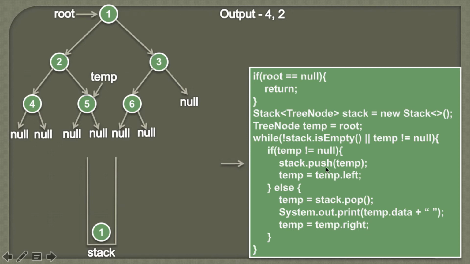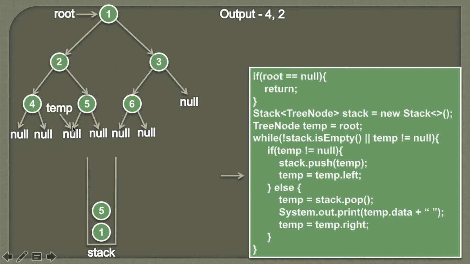So we simply push the node 5 on the stack because we cannot visit this node till we visit its left subtree completely. Therefore we need a way to store this element on the stack. So we are simply pushing the temporary node on the stack. Now node 5 is on the stack. And then we simply go to its left because we need to traverse its left first.